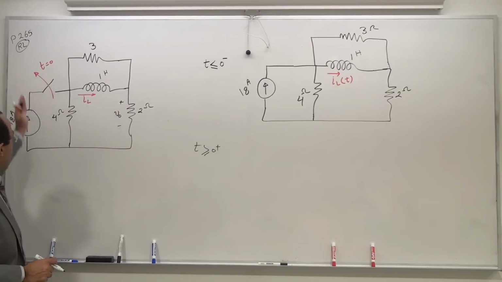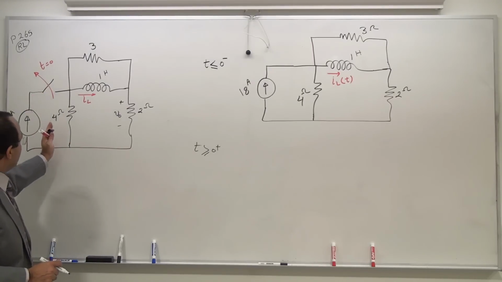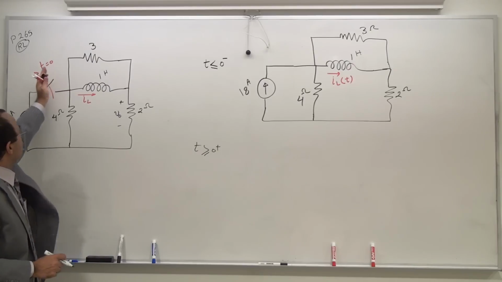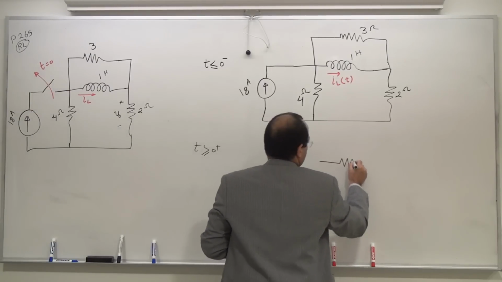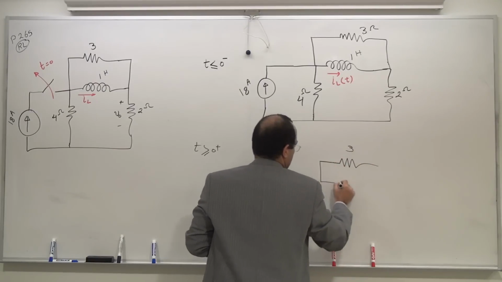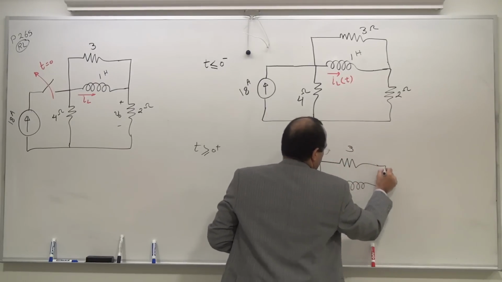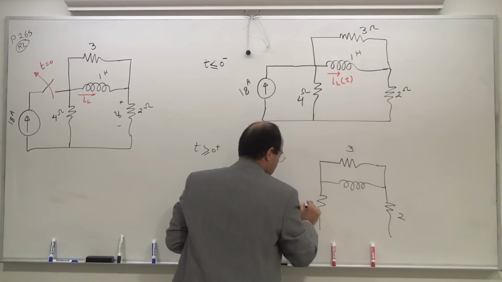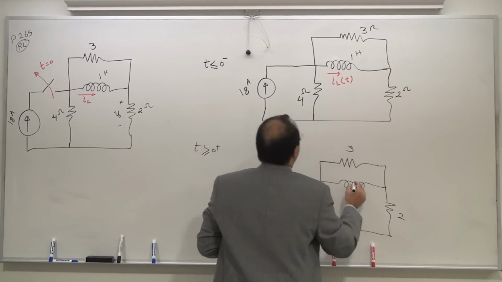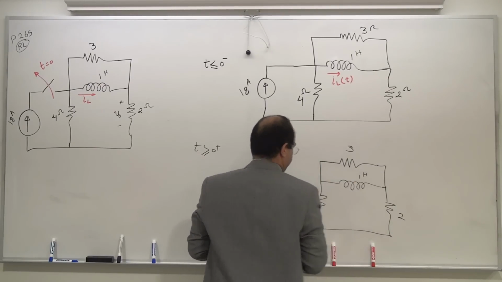Since this is open, basically this entire segment is going to be removed. I'm going to remove that. My system becomes 3 ohm, and then 2 ohm, and then 4 ohm. And this is my 1 Henry.